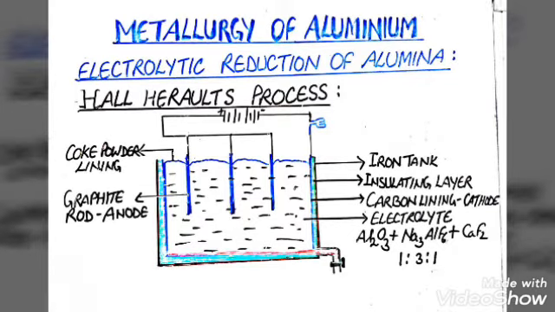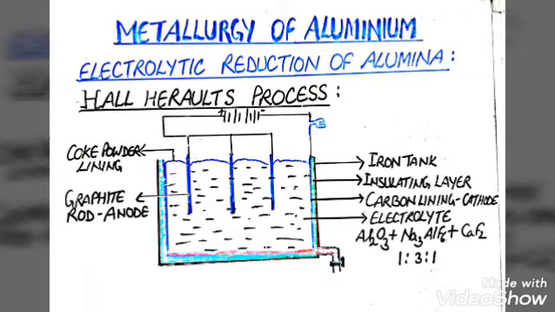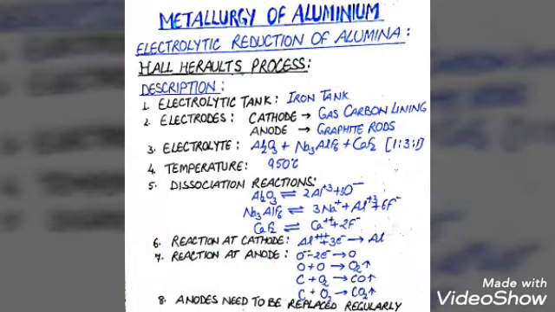So it is mixed with cryolite and fluorspar. Cryolite and fluorspar bring down the melting point of alumina to 950 degrees Celsius. Cryolite increases the conductivity of the solution and fluorspar increases the mobility.